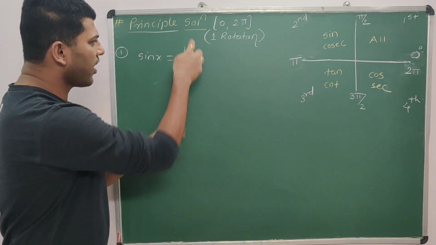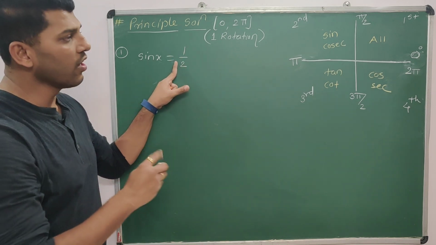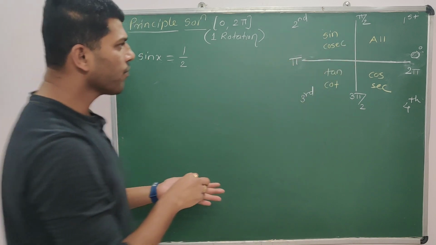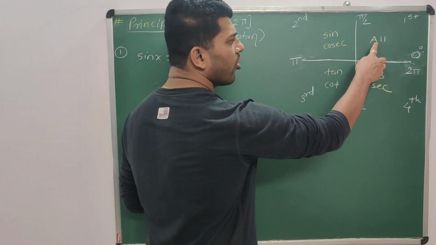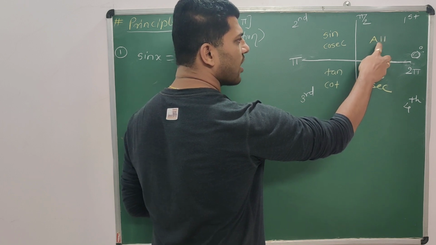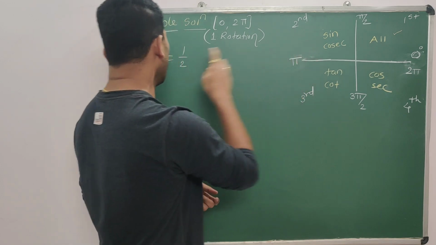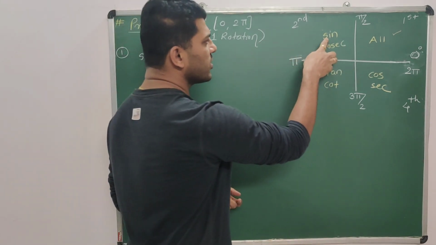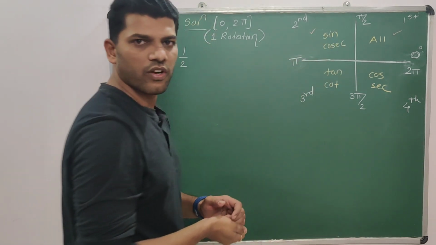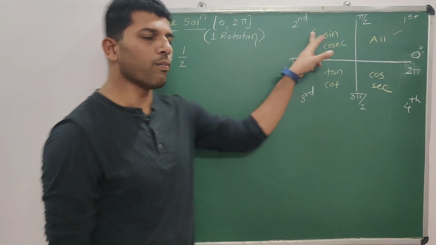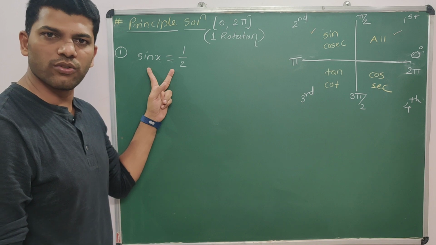If you observe this value, sin is positive. Now please find out in which quadrants sin is positive. In the first quadrant all ratios are positive, so sin is positive. And sin is positive in the second quadrant. So the first and second quadrants are important to find the principal solution.